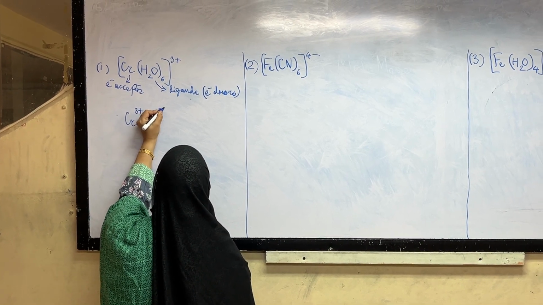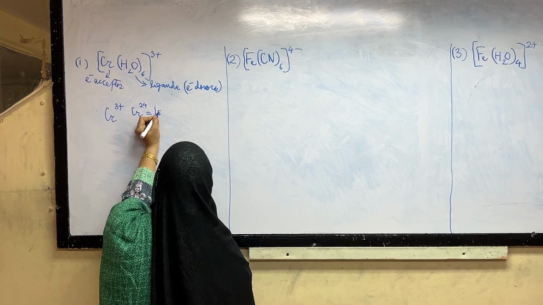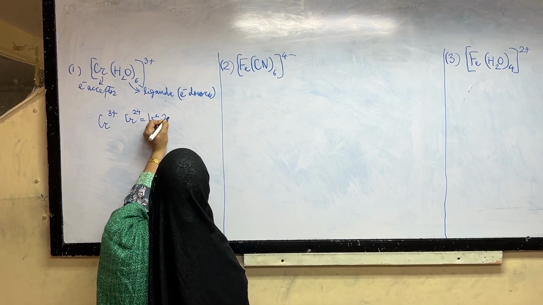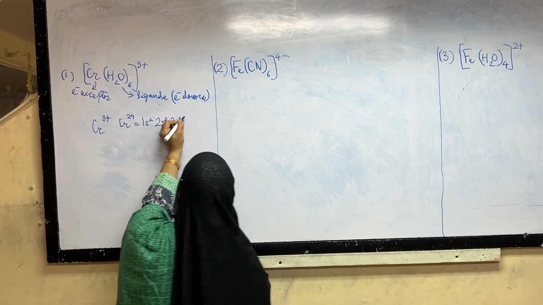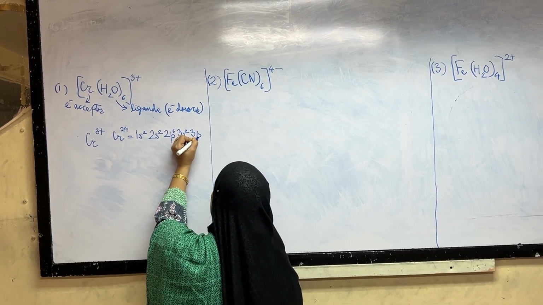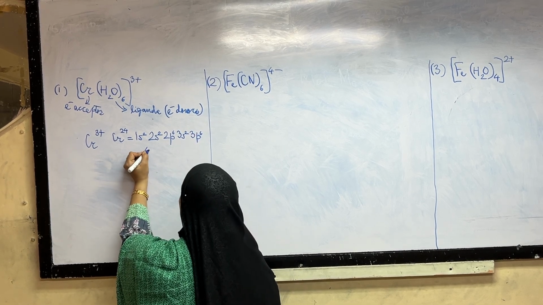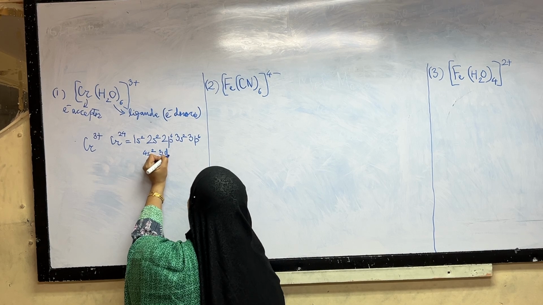Chromium, atomic number 24. Electronic configuration is 1s2, 2s2, 2p6, 3s2, 3p6, 4s2, 3d4.